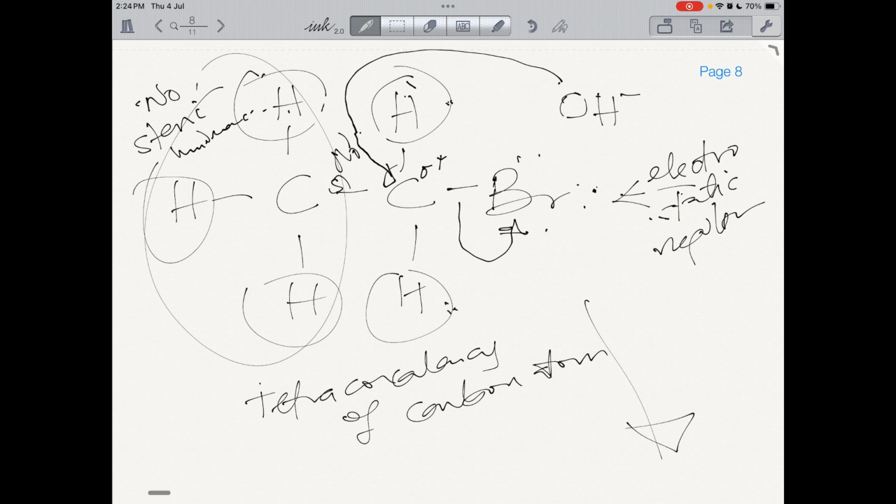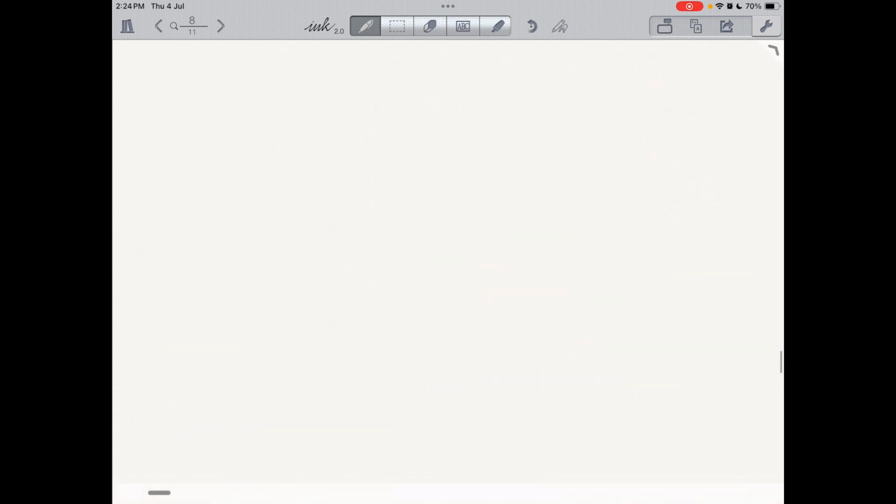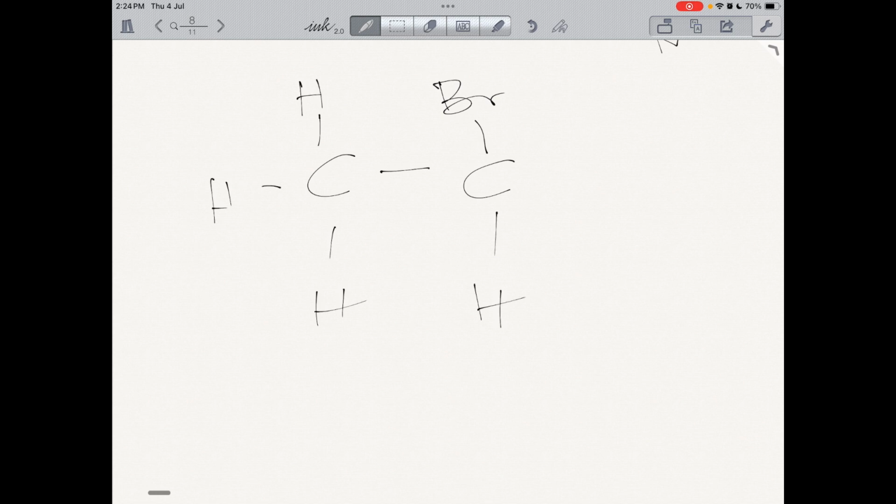So that moves us to what we have on the next page. As the OH is coming at the back, the Br is going. You call this a concerted mechanism: different things happening together at the same time. So the result becomes carbon with Br, H, H, and, oh, did I say Br?